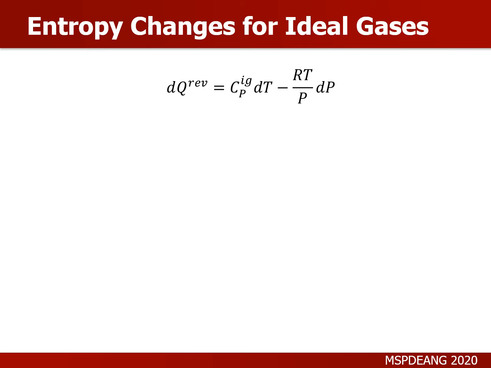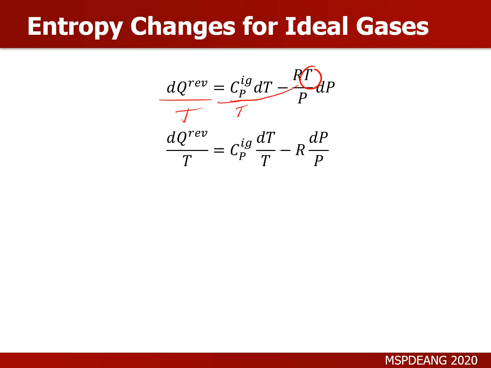Okay, so now, paano to? Let's rearrange. Divide everything by the temperature. dQ rev over T is equal to Cp^ig dT over T minus R dP over P. And you can now evaluate the integral of both sides. The integral of dQ rev over T is simply equal to delta S. The integral of Cp^ig dT over T, depende siya kapag Cp is constant or Cp is not constant.